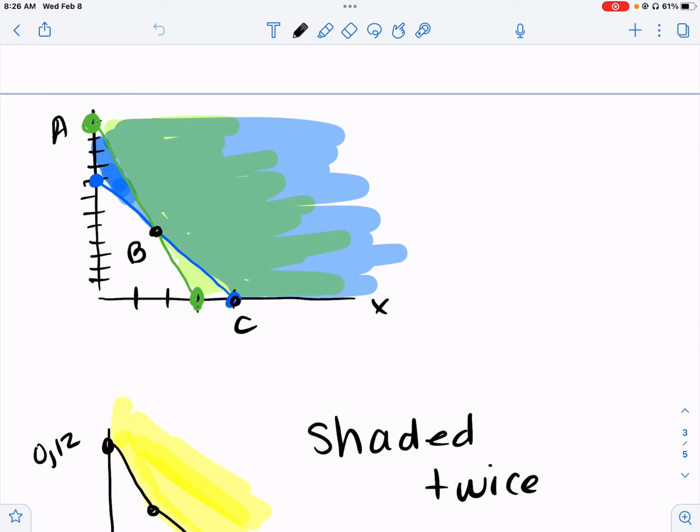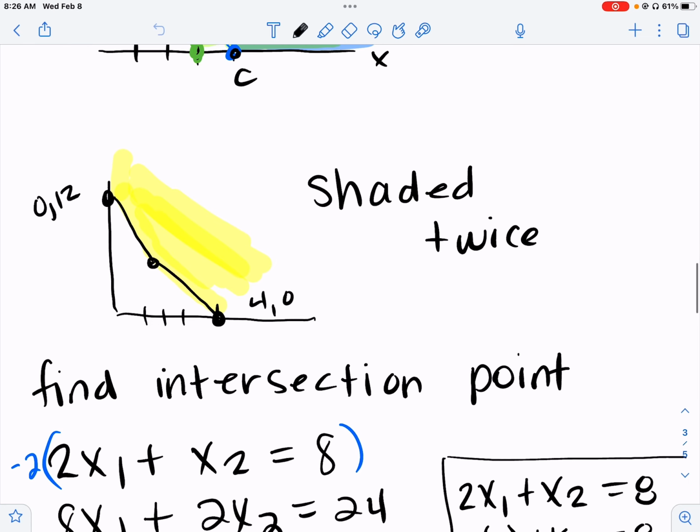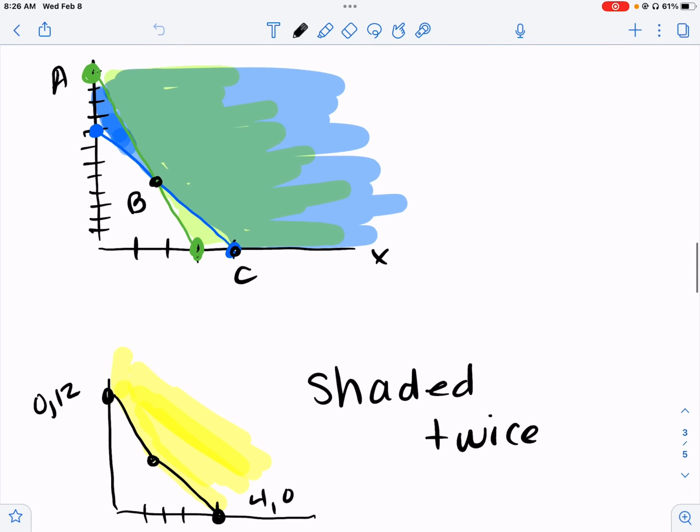Now, what area is shaded twice? (0, 12) and (4, 0) are the corner points. This point right here is (0, 12), and this point right here is (4, 0).